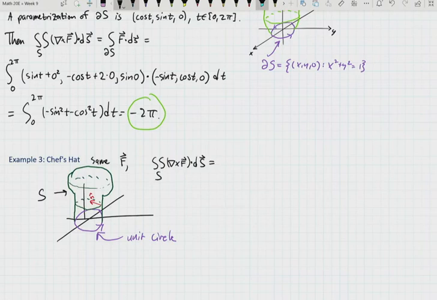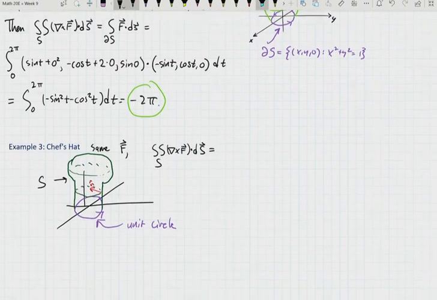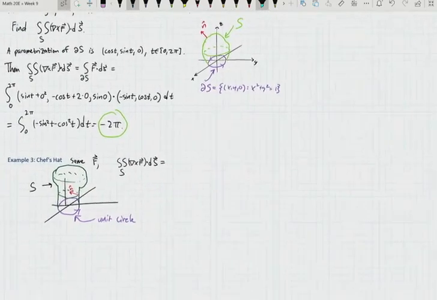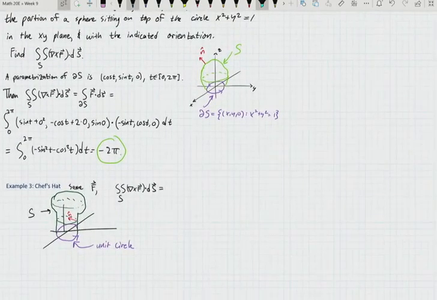Is there a relation between this problem and the last one? This problem and the last one both have, at least if I drew it decently, the same boundary of the surface.